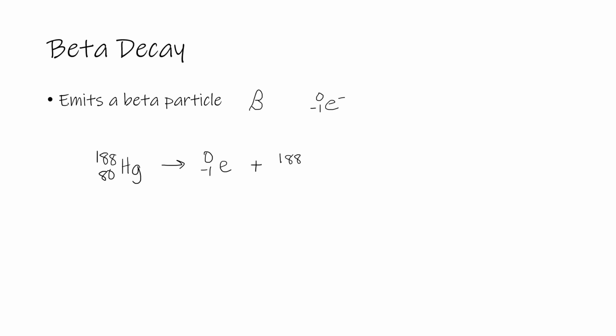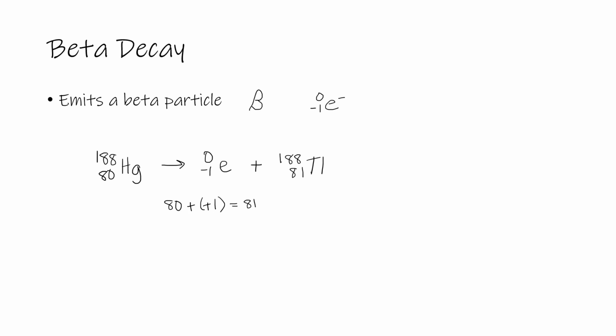But down here for the atomic number, now we have 80 minus a -1. So remember, when we're subtracting negative numbers, we're adding. So that becomes 81. So that's our atomic number. Again, go to your periodic table. And this is thallium. And so that is an example of a nuclear reaction for a beta decay.